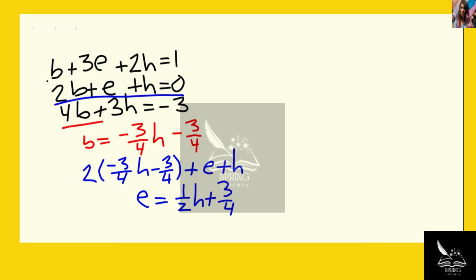Okay, then we can put all that into this first equation here. So we'll put what we found for B in for B, what we found for E in for E, and get an equation just in terms of H. Okay, and we'll solve that to get that H is equal to -1. Once we've done that, we can put H back into these values to get that B is equal to 0 and E is equal to 1.